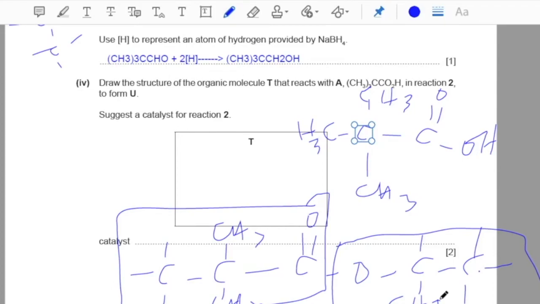So T will have a structure which somewhat looks like this.